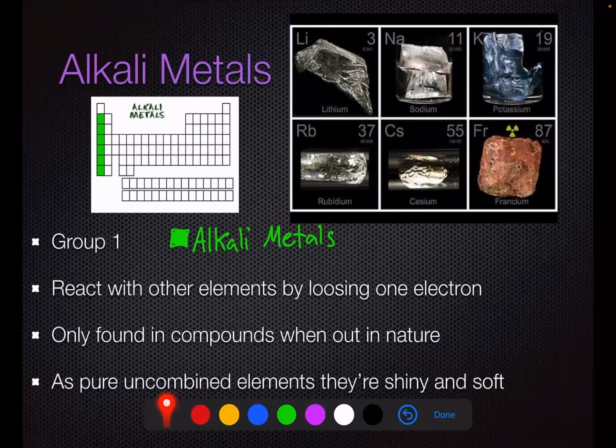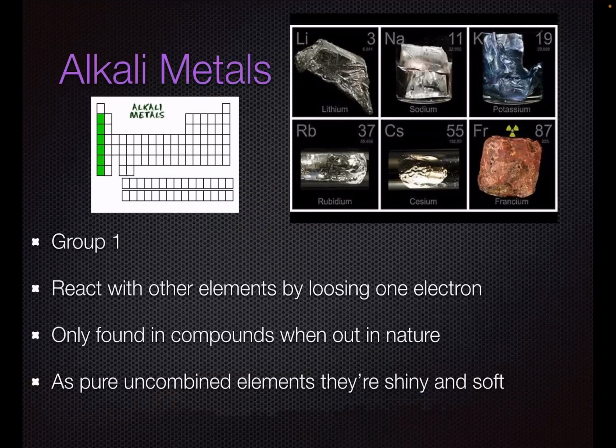Okay, so while you're coloring those in, I'm going to talk about alkali metals. So alkali metals are part of group 1. They react with other elements by losing one electron, and so they're reactive because they want to get rid of that one electron. They're only found in compounds when they're out in nature. They cannot be found in nature in their pure form.